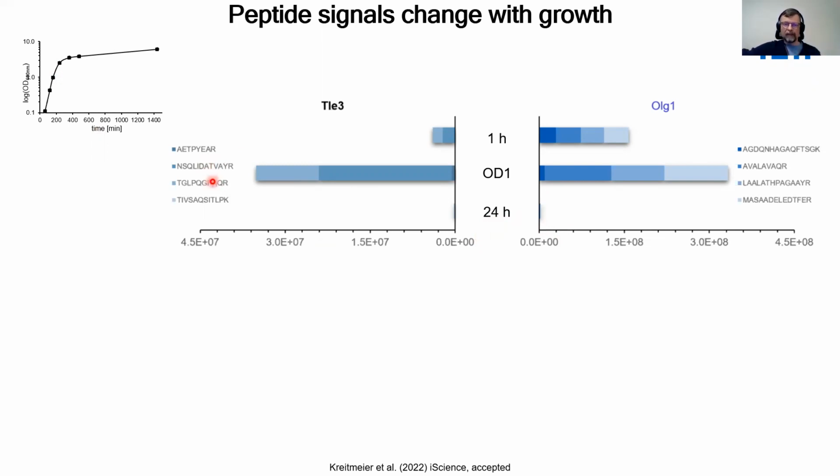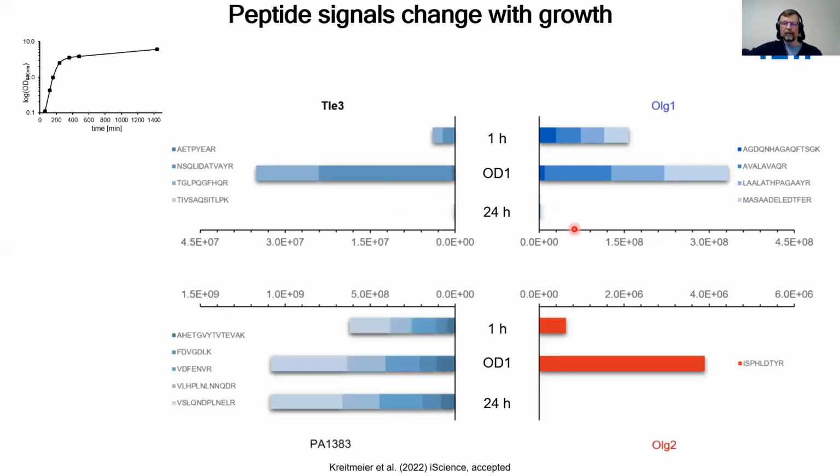So we had these heavy labeled peptides, and we measured the amount, and there you can see a scale of the annotated gene and the embedded overlapping gene, and we see a nice time curve. So it's starting to be produced after 1 hour. Peak is at OD1, and at 24 hours you couldn't see anything, neither the annotated nor the overlapping gene.